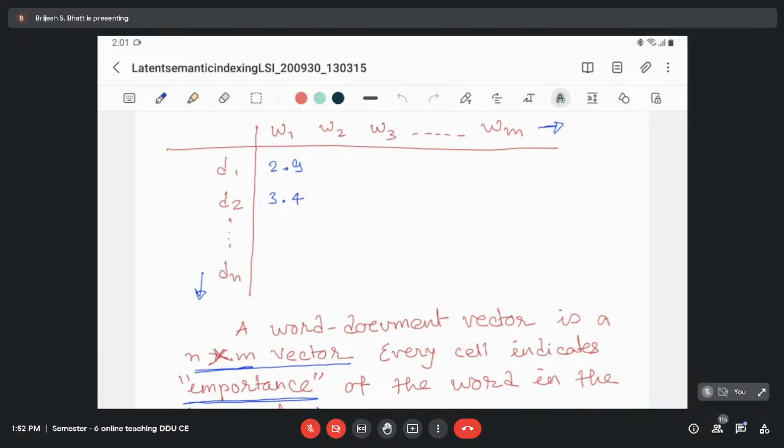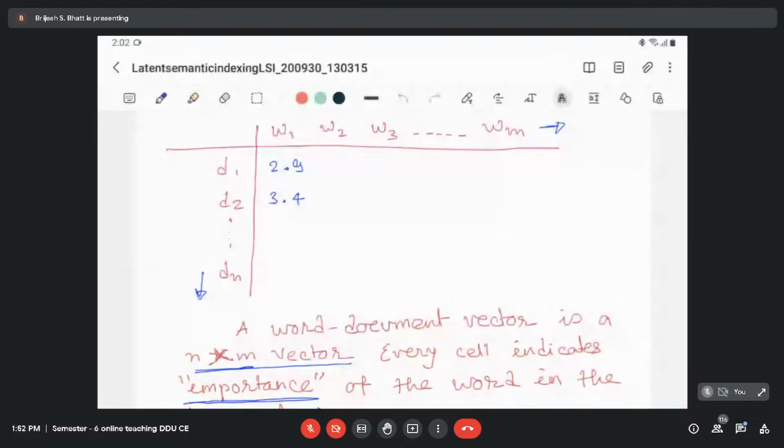So you don't want to look at only the occurrences of a word in a document, but you also want to see how frequently the word occurs across the documents.